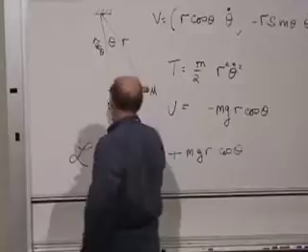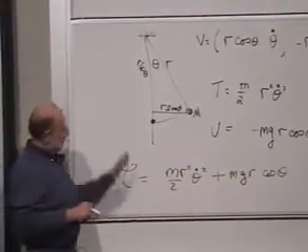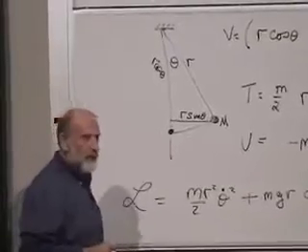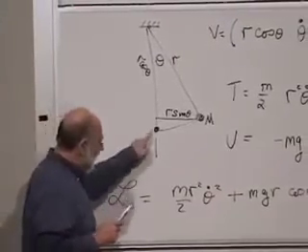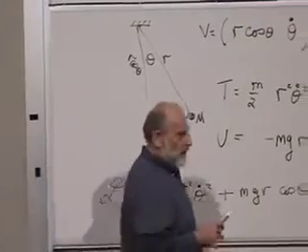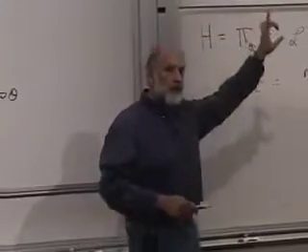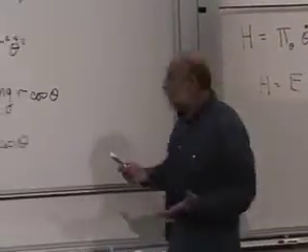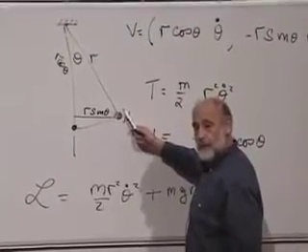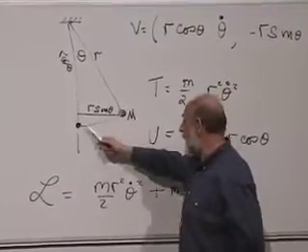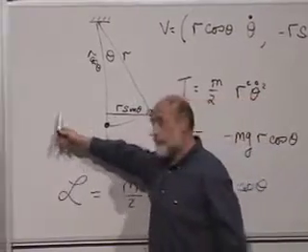Let's imagine starting the pendulum at the bottom here with a certain velocity. We give it a poke to give it some velocity. If the velocity is not enough, if the kinetic energy at the bottom is not enough to overcome the necessary energy to get to the top, then of course what will happen is the pendulum will swing up, run out of kinetic energy. It has converted some kinetic energy to potential energy, but it didn't have enough to get to the top, and so it'll start back.